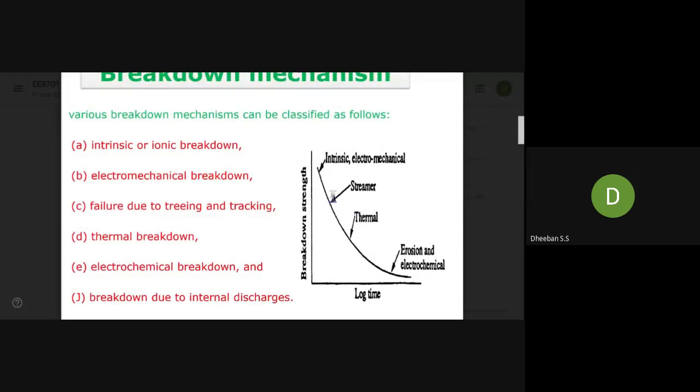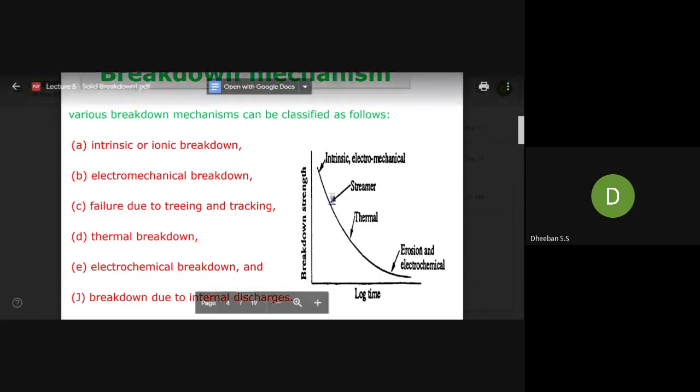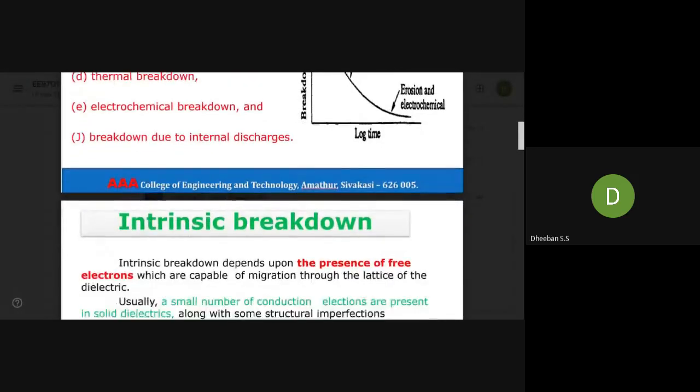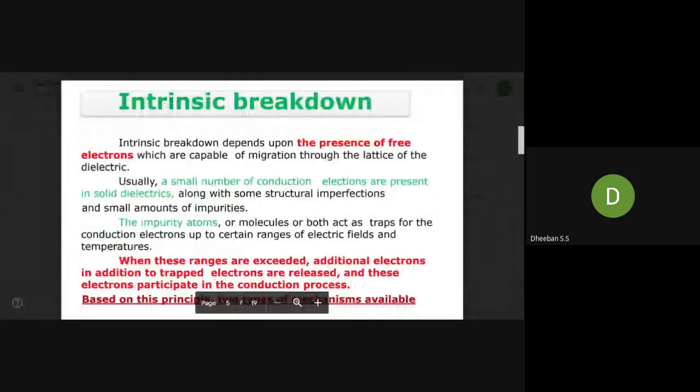Here the streamer is similar to the streamer you have already seen in gases. This streamer comes into the category of clean and track. After that comes thermal, and finally it will be your chemical reaction breakdown.